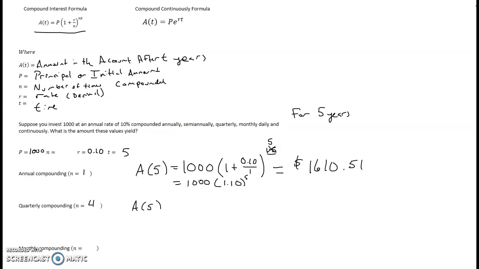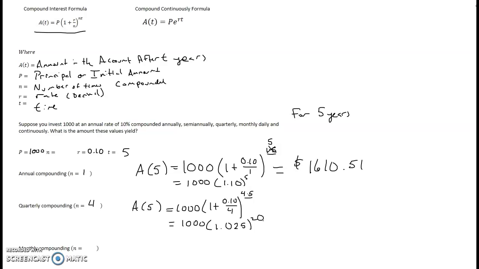So the amount in the account after 5 years would be 1,000 parentheses 1 plus our interest rate, still 10%, divided by 4, since we're now compounding quarterly, and then this is to the nt, so it's going to be 4 times 5. So let's simplify this a little bit. 0.10 divided by 4 is 0.025, so 1 plus that is 1.025, and then 4 times 5 is the 20th power.